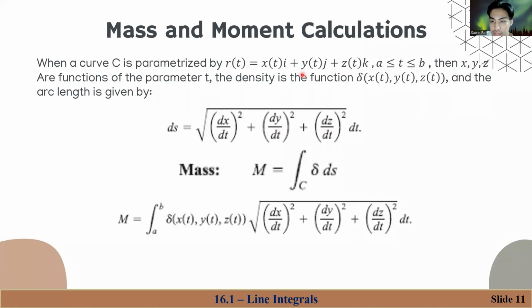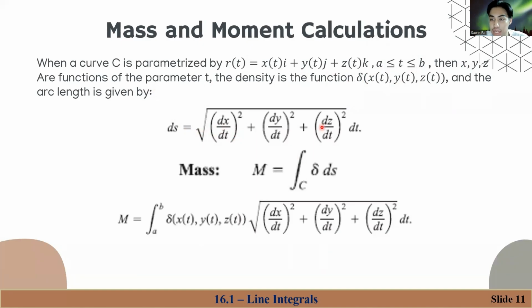The density is a function of the point x of t, y of t, and z of t. And the arc length is given by ds equals the square root of dx over dt squared plus dy over dt squared plus dz over dt squared, dt.